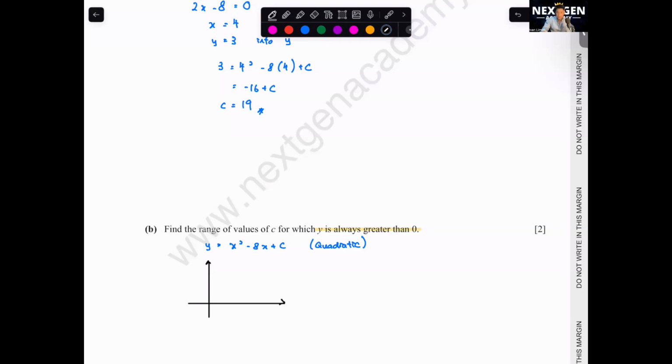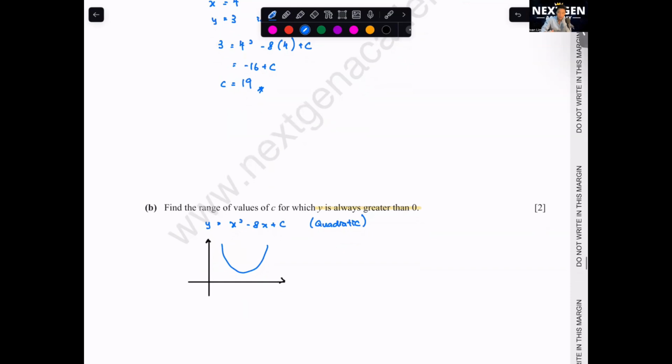Your y is always greater than 0, so no, right? Like that. This is a floating graph. From a floating graph, what can we conclude? No real roots. No real roots, what is the equation? b squared minus 4ac less than 0.